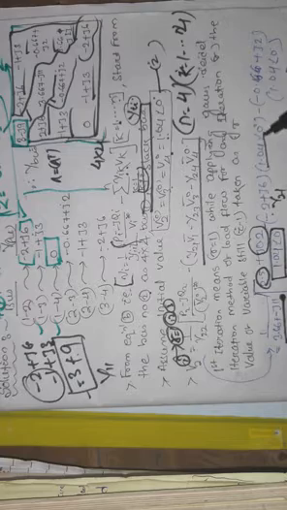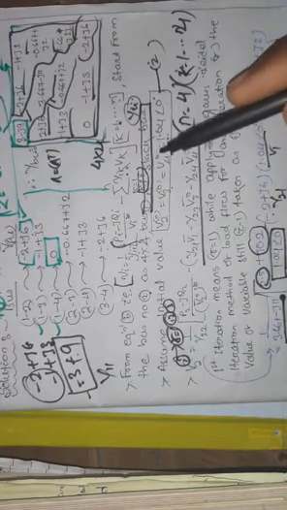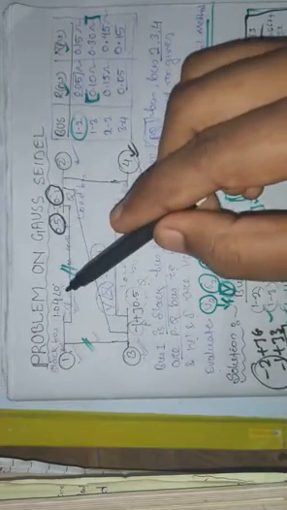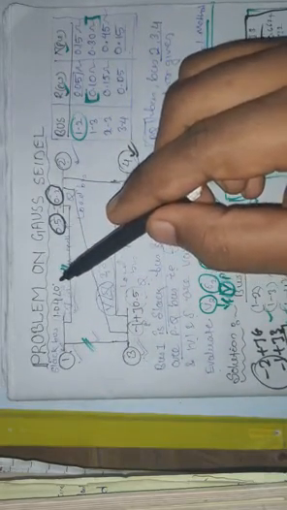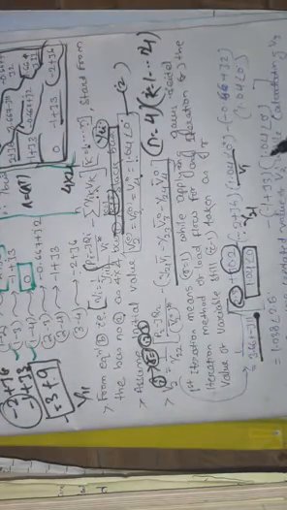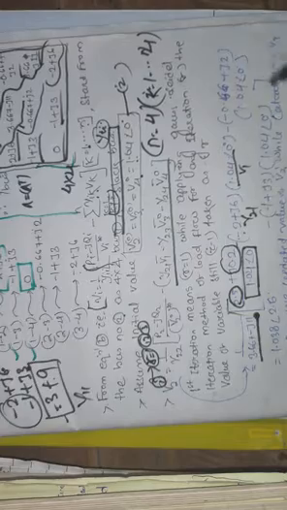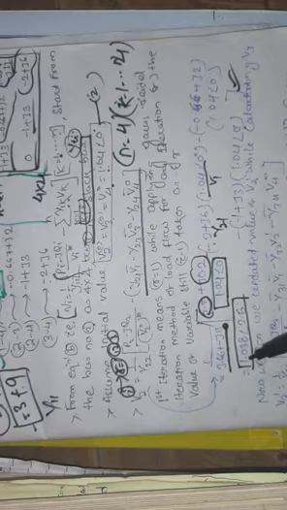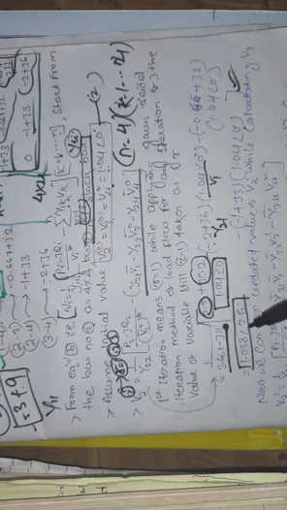The value of what? V1. What is the value of V1? See here, 1.04 angle 0 degree. So put here 1.04 angle 0 degree. Like that you have to put all the values. Then after calculating this term, you will get 1.038 angle 2.6 degree.